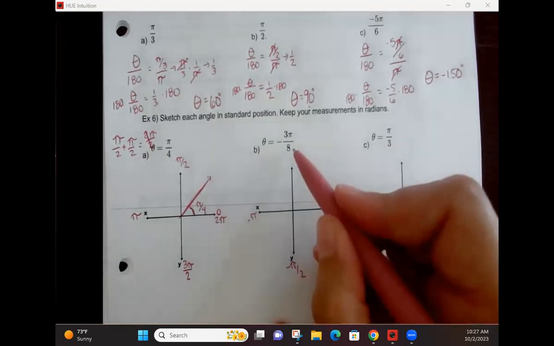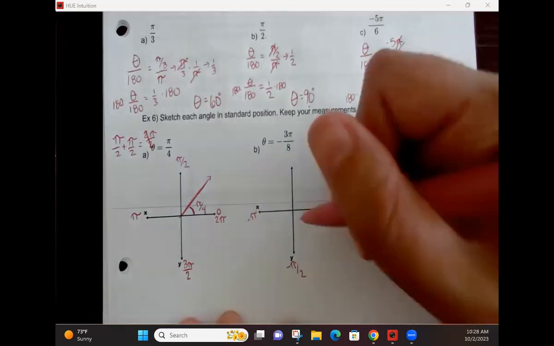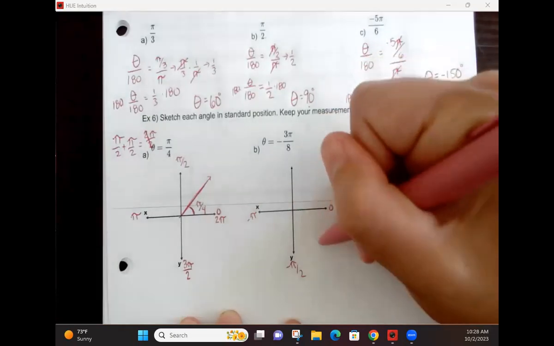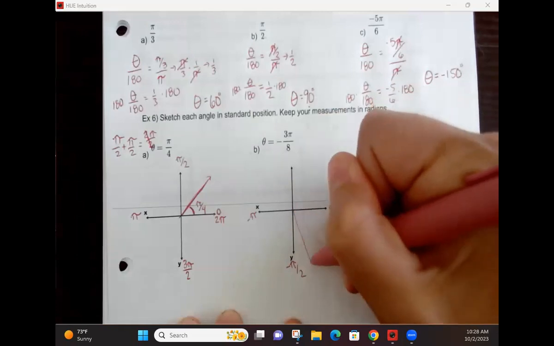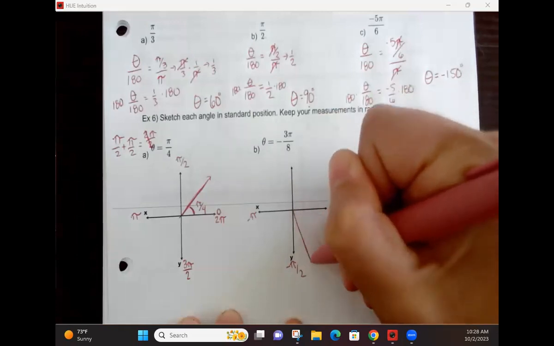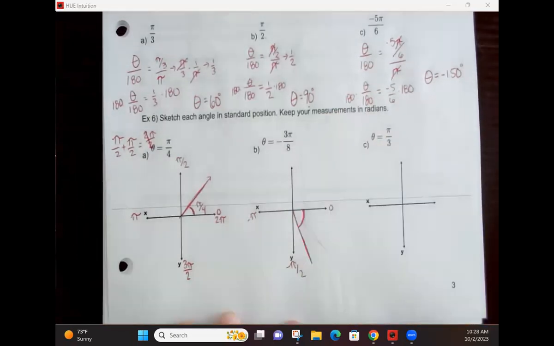Is it greater than or less than 1/4? It's greater than 1/4, right? So negative pi over 4 would be there. We're halfway between 1/4 and 1/2. So this angle right here would be my negative 3 pi over 8. That's how I decide where to draw these angles. Fractions on the coordinate plane.